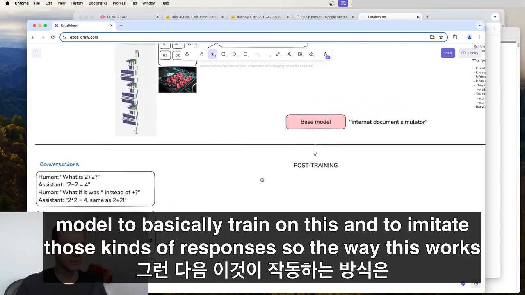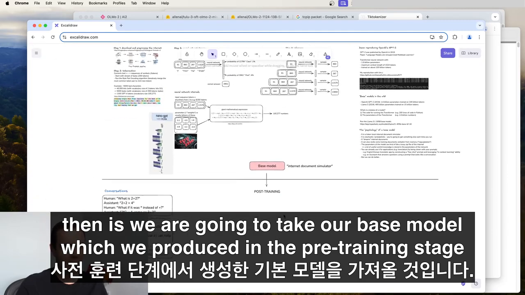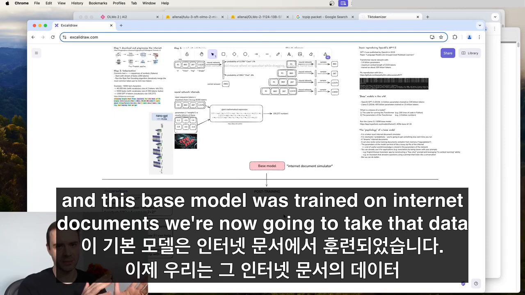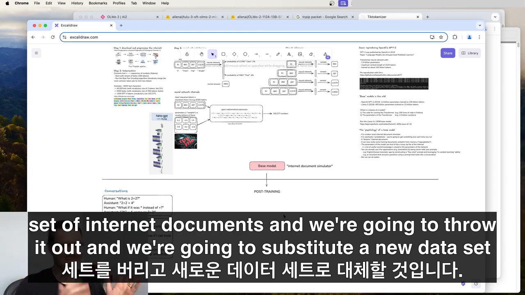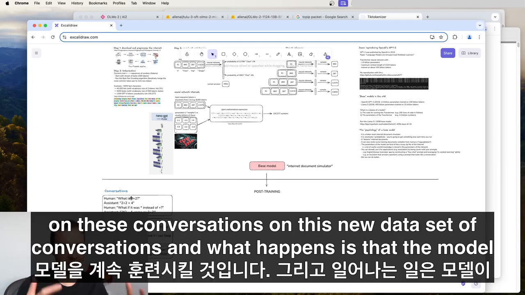So the way this works is we take our base model, which we produced in the pre-training stage, and this base model was trained on internet documents. We're now going to take that dataset of internet documents and throw it out, and substitute a new dataset, a dataset of conversations. We continue training the model on this new dataset of conversations.